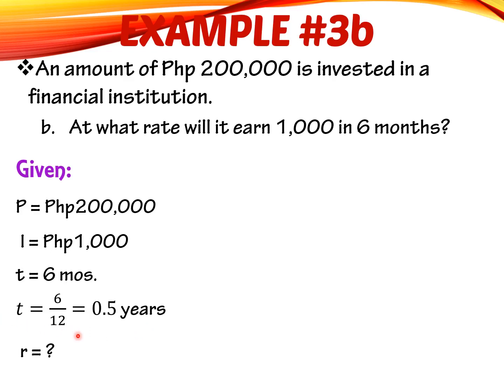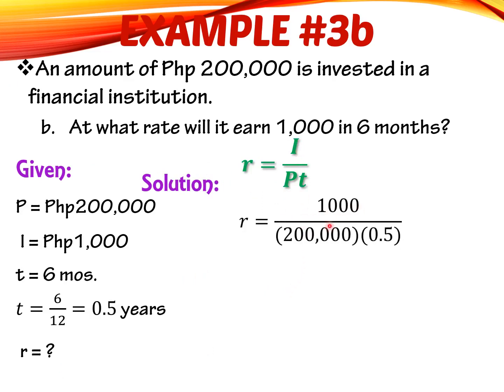Okay, so your formula now, or you are asked to find at what rate. So R is the unknown. So for the formula, you will have R is equal to I divided by P times T. Again, substitute the given. So you have 1,000 divided by your principal is still 200,000 and the time is 0.5 this time. Okay, so we multiply this.